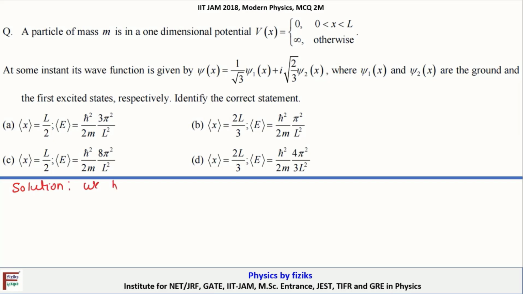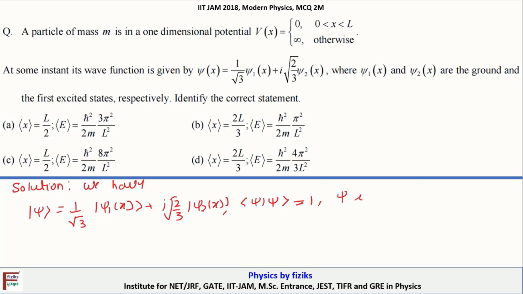We have psi is equals to 1 by root 3 psi 1x plus i root 2 by 3 psi 2x. Further, psi dot psi equals to 1. That means psi is normalized.